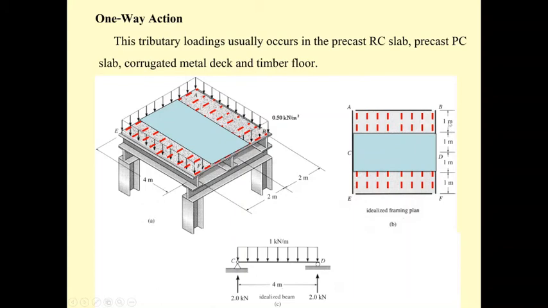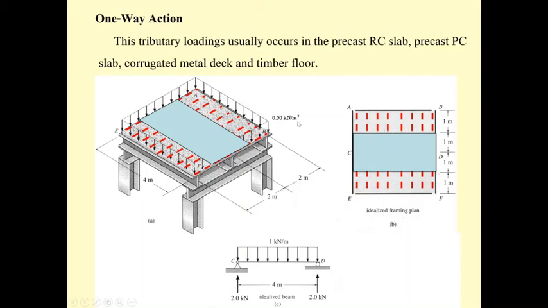Where does the 1 meter come from? Since this is 2 meters and 2 meters in length, and the load is separated by half, half of this 1 meter is here and half of this 1 meter is here. So the total is 1 plus 1, which is 2. So this is 2 meters times 1 meter, which is 2 square meters.